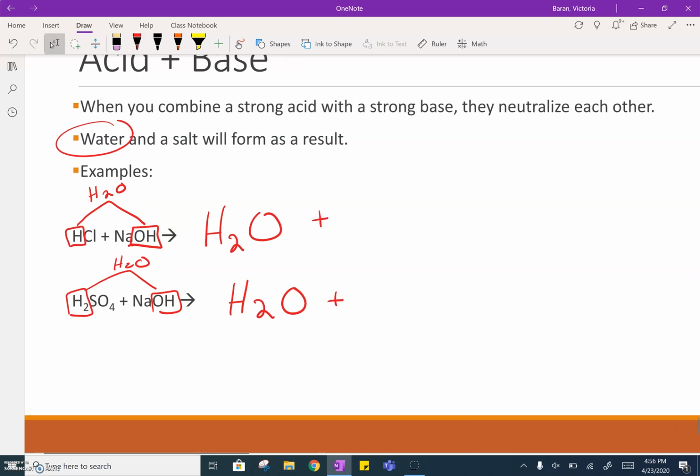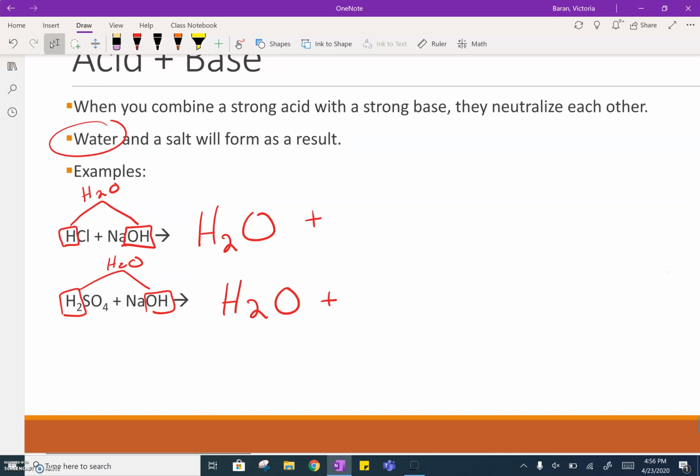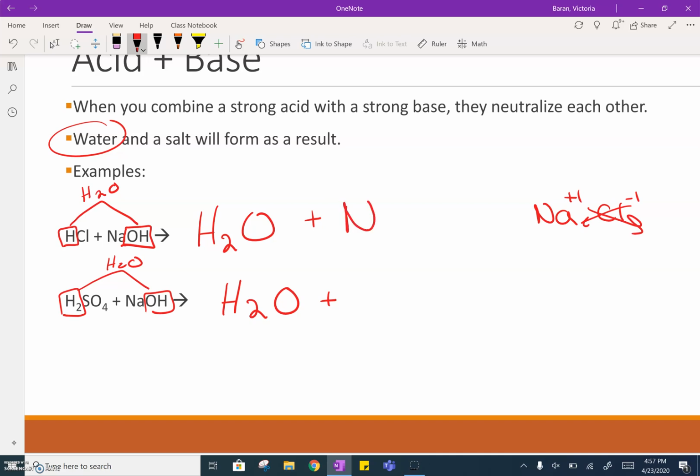Now, you have to make sure, though, that you do your crisscross. So I'm just going to show my work over here. So we have Na left over and Cl. Again, make sure you write the metal first. Na is +1, Cl is -1. We do the crisscross. We get NaCl, which is literally salt, okay?